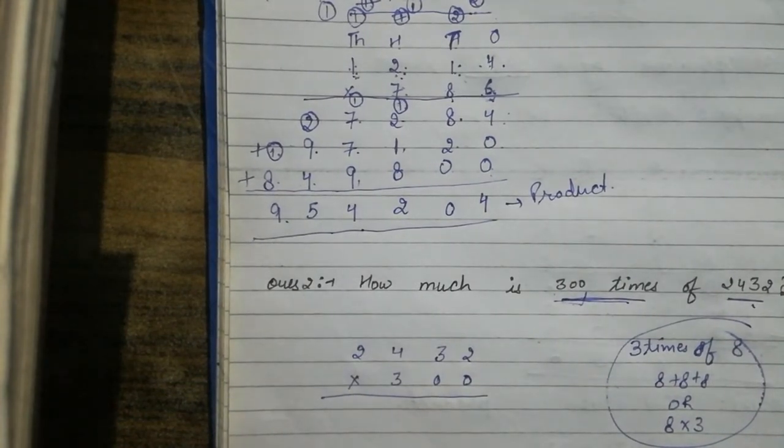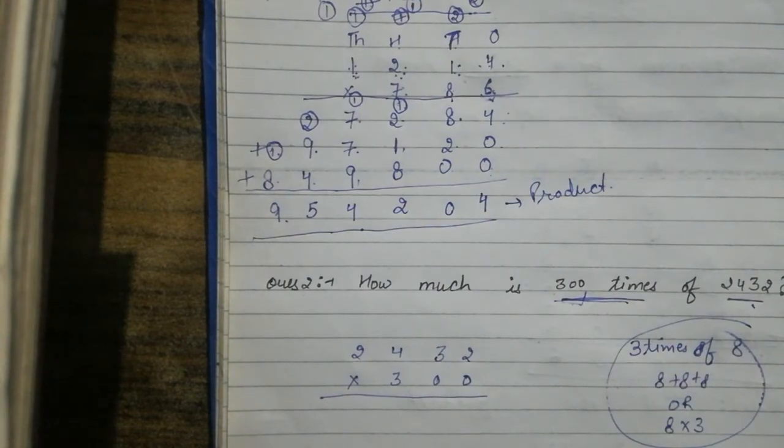So we have two methods. One is the multiplication method which we have done in the previous question. Or the another method is we have learned the property of multiplying a number ending with 0. So I will use that property.